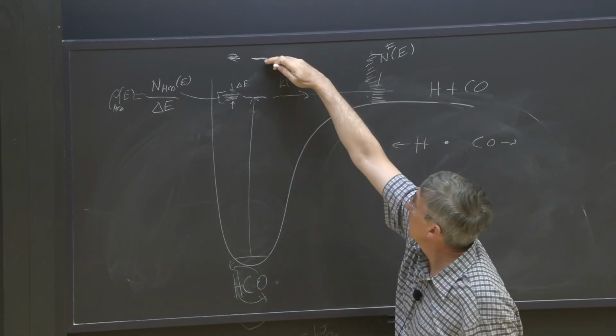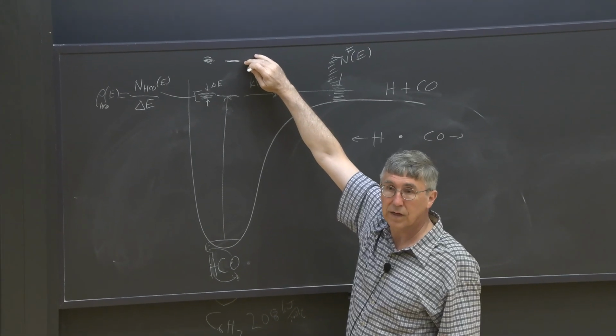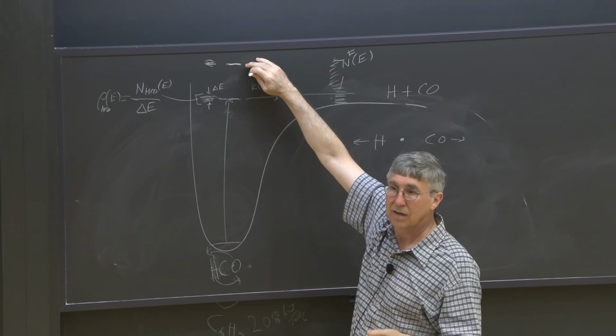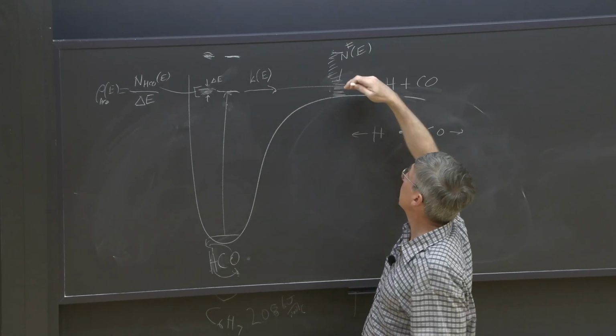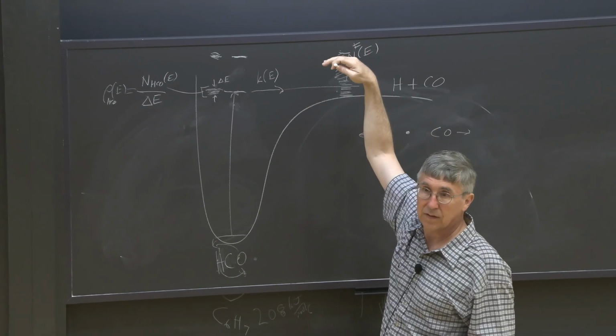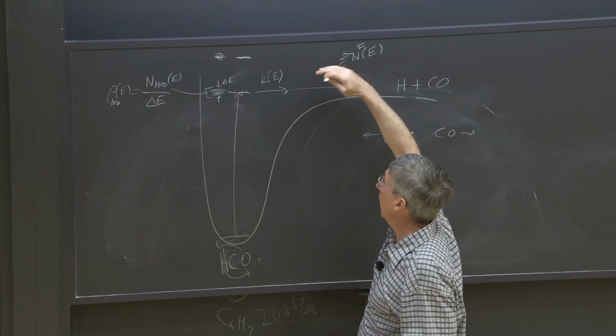So if I use a higher energy photon, more to the green instead of the yellow instead of the red, then the HCO would fall apart much faster because this n would be much larger.